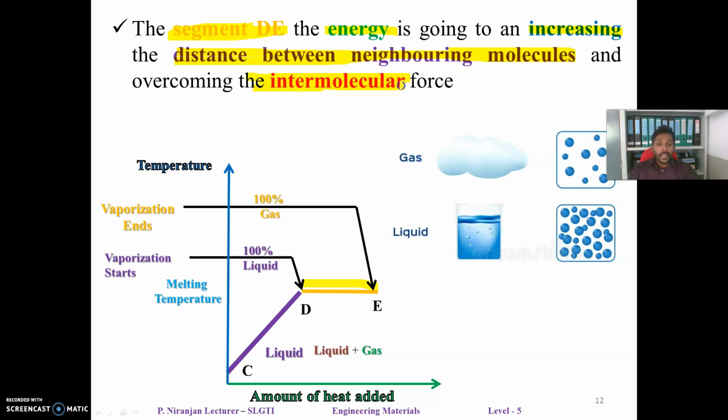Therefore, the energy is used internally to increase their bond length, because the bond length in the gas phase is very high compared to the liquid materials. Okay students, did you understand?